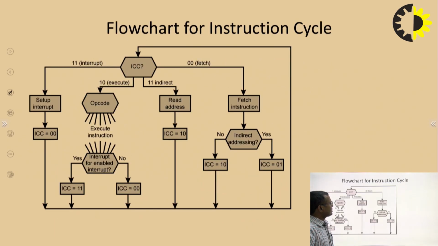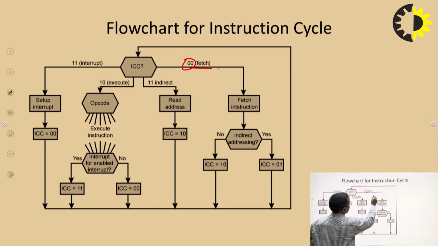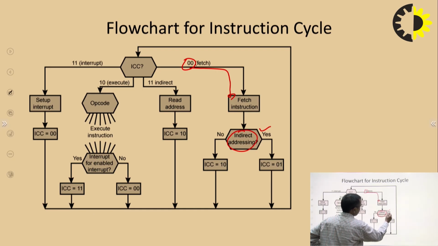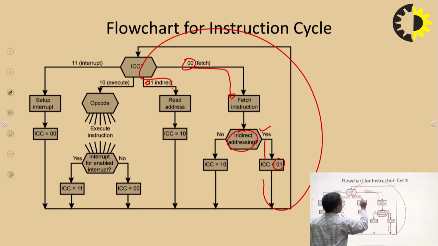So what we can see here is that this diagram is called the flow chart of the instruction cycle. We can easily understand that I will start from the fetch, then I will fetch the instruction. If there is indirect addressing, depending upon yes, I will go for the 0 1 cycle. Then I will go back here and start with the indirect cycle.